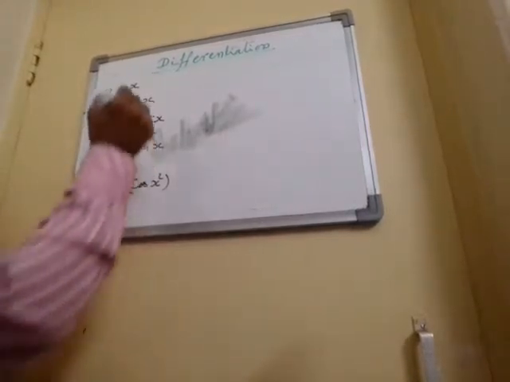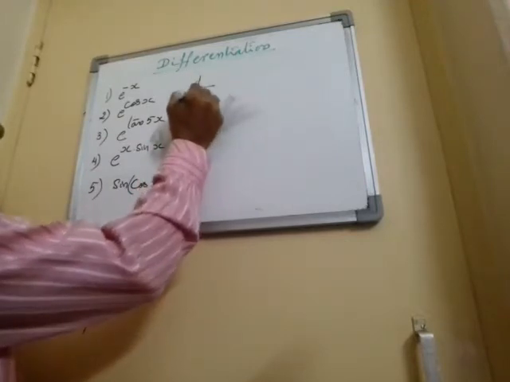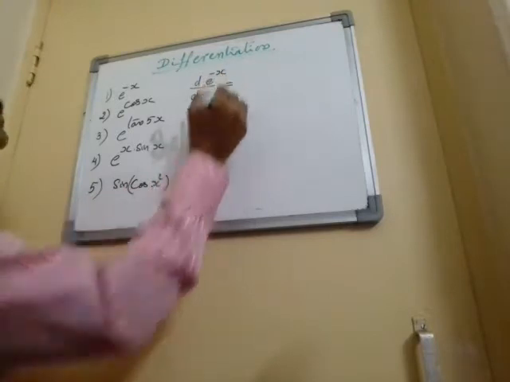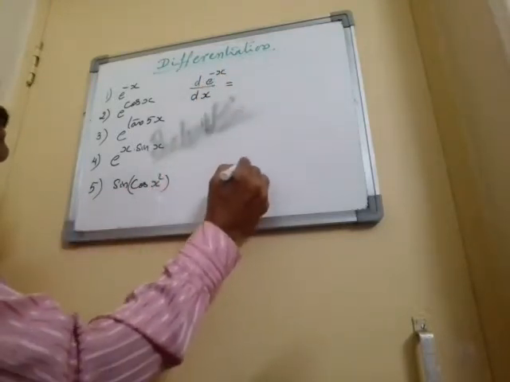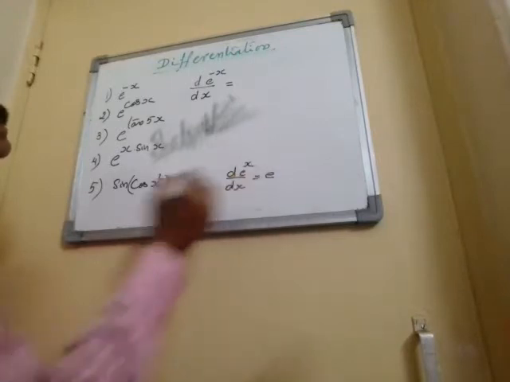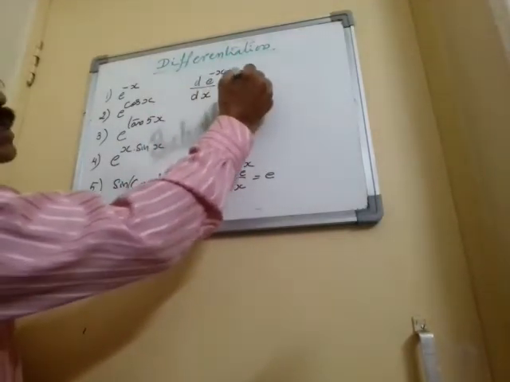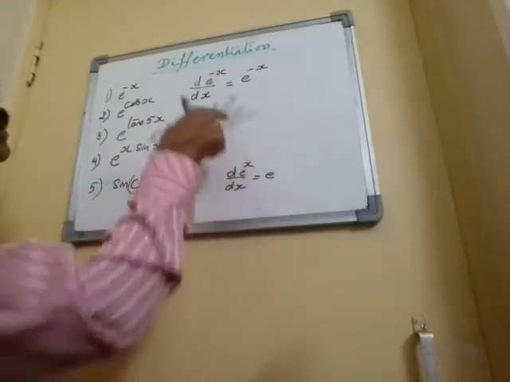The first question is e to the power minus x. So d by dx of e to the power minus x. I hope all of you remember d by dx of e to the power x is e to the power x. So in the same way here, e to the power minus x, the answer is e to the power minus x, but here you just see the difference.